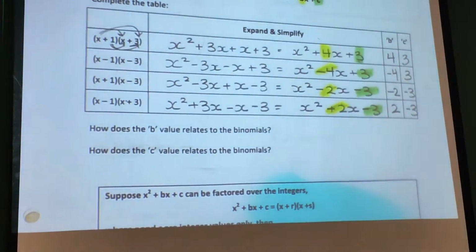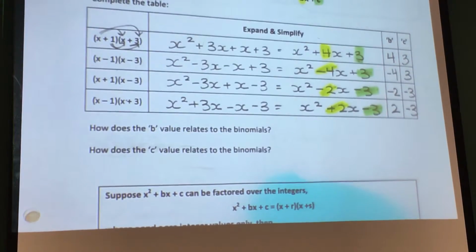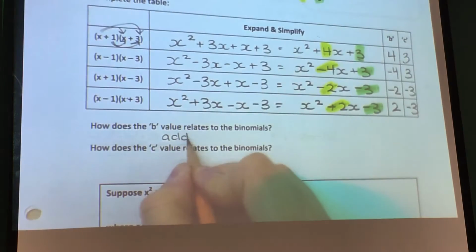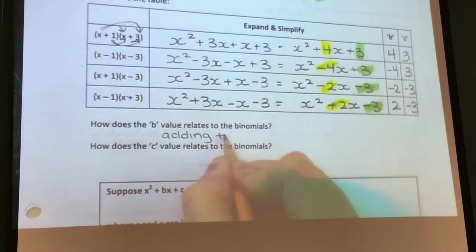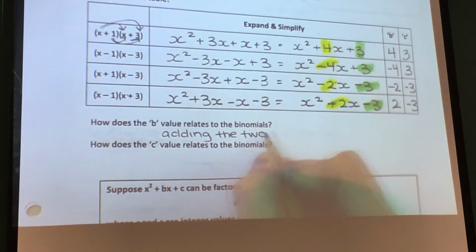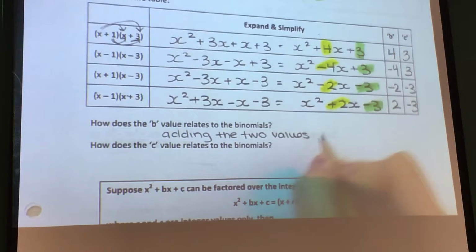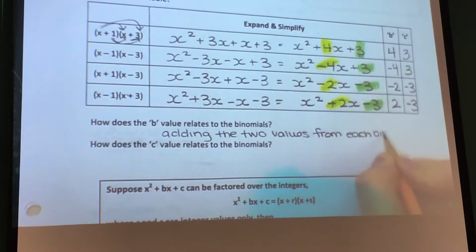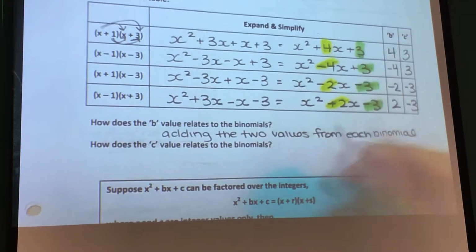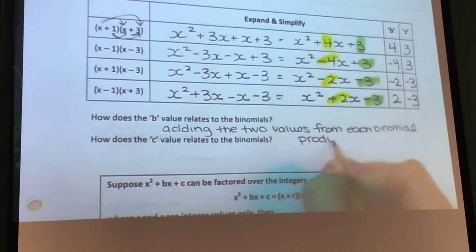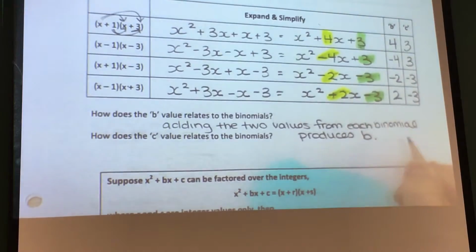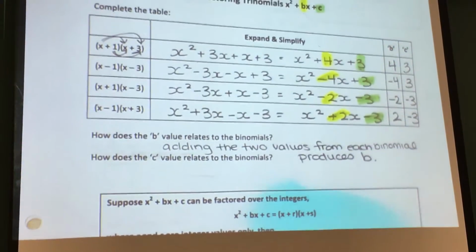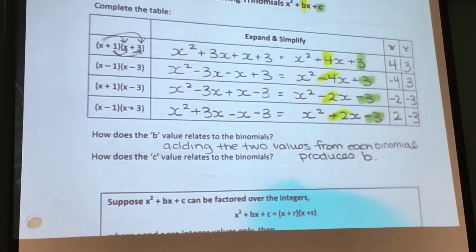You see the pattern? So adding the two values from each binomial produces b. Okay, so that gives us our b value.